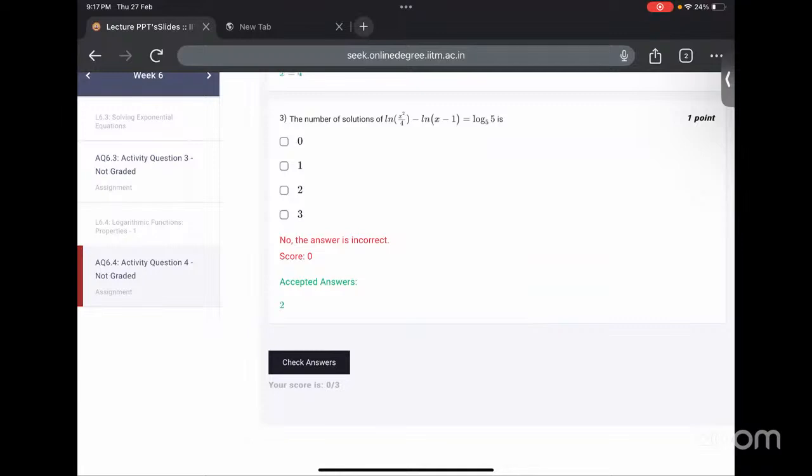If one of the roots were less than 1, we could not define the second log, log of x minus 1. But both roots are greater than 1, so both can be solutions of this equation. Like this we always find the number of solutions of a given equation. Any doubt? No, ma'am.